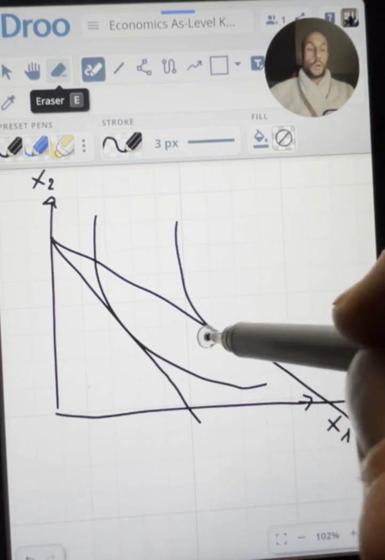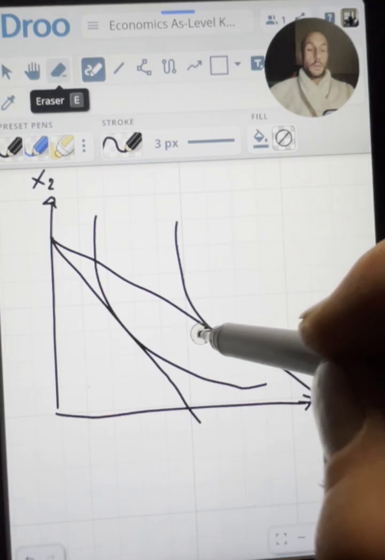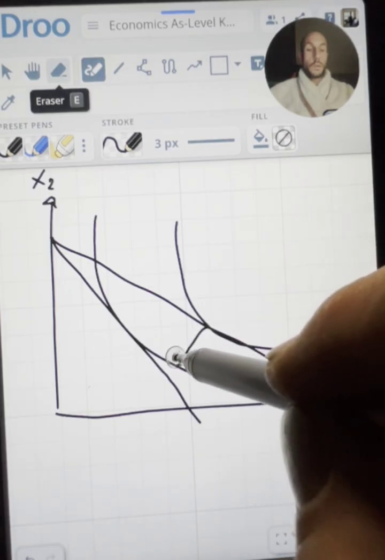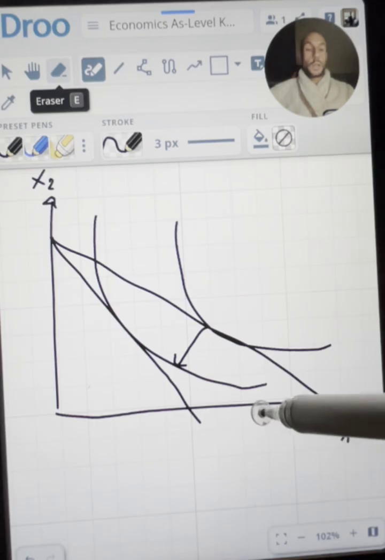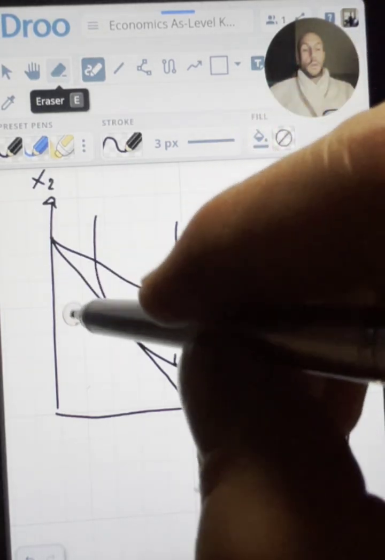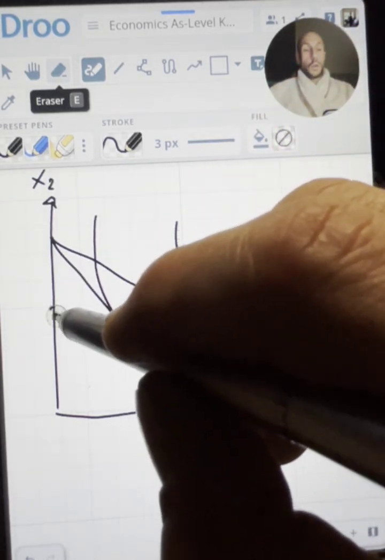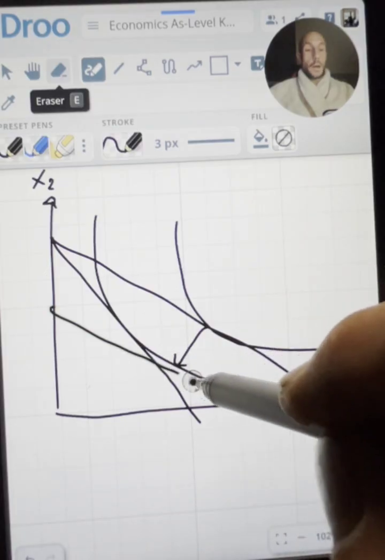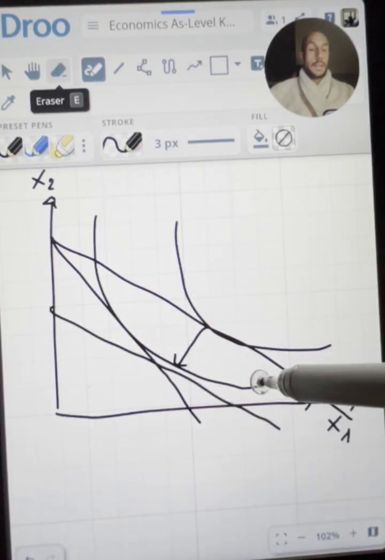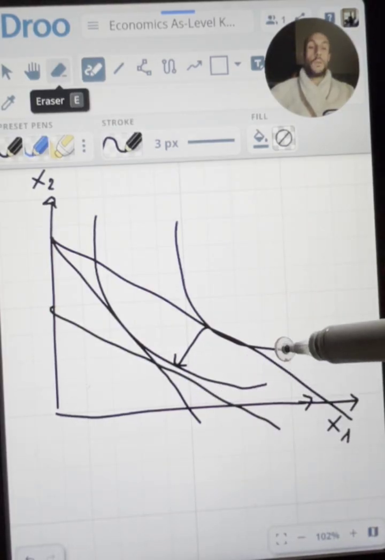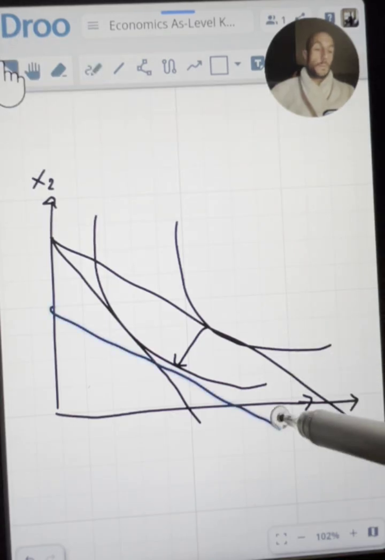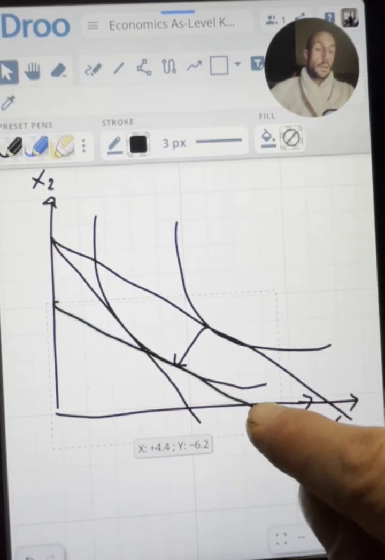Not here though, but we translate the new budget line parallelly until we touch the previous utility curve, like this.